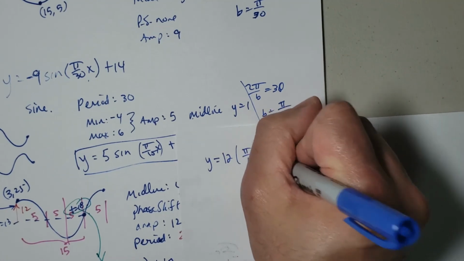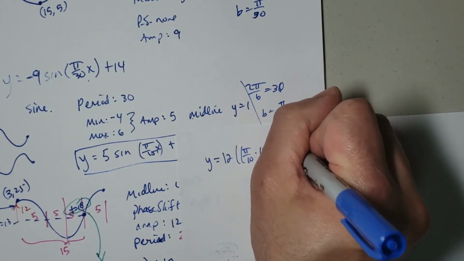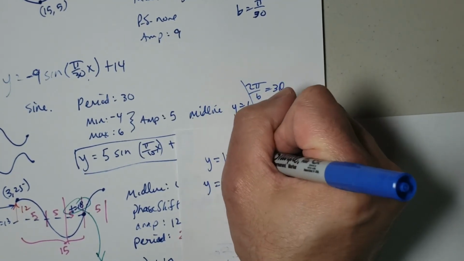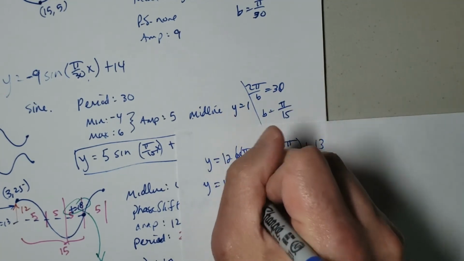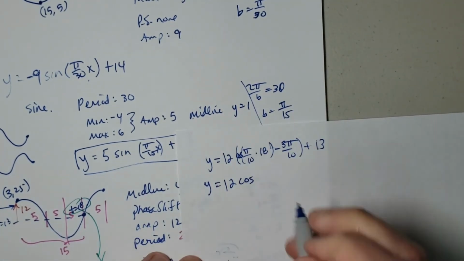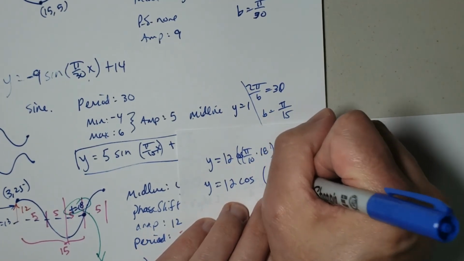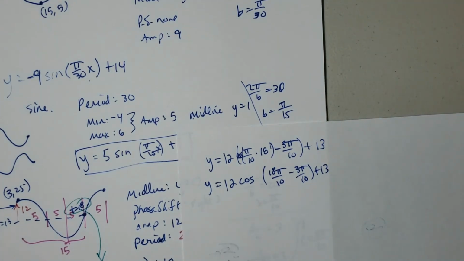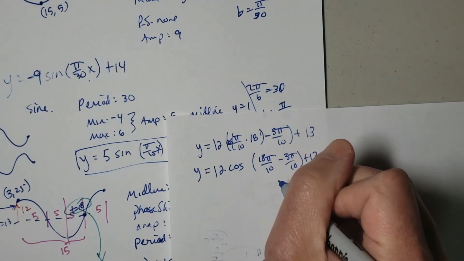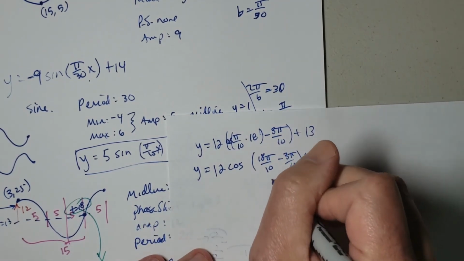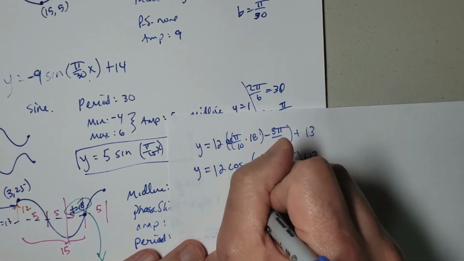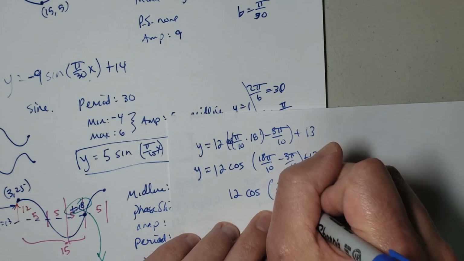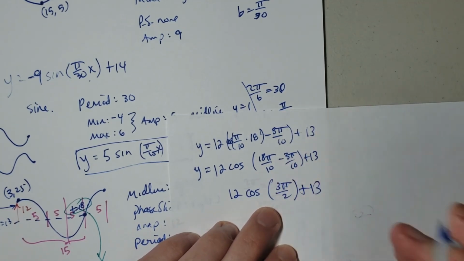We're plugging in 18. y equals 12 cosine, oh, I forgot the cosine. Okay, cosine of 18 pi over 10 minus 3 pi over 10 is 15 pi over 10, which is 3 pi over 2, plus 13.